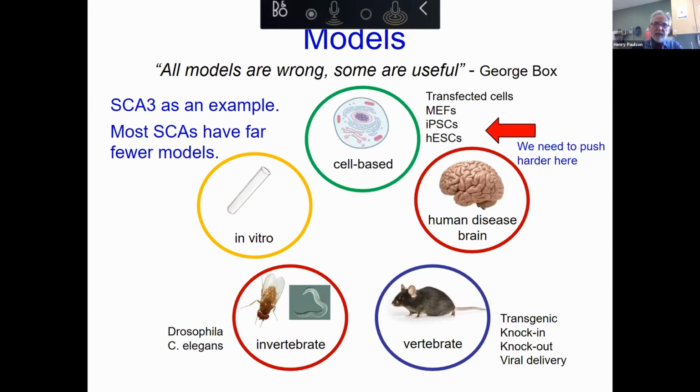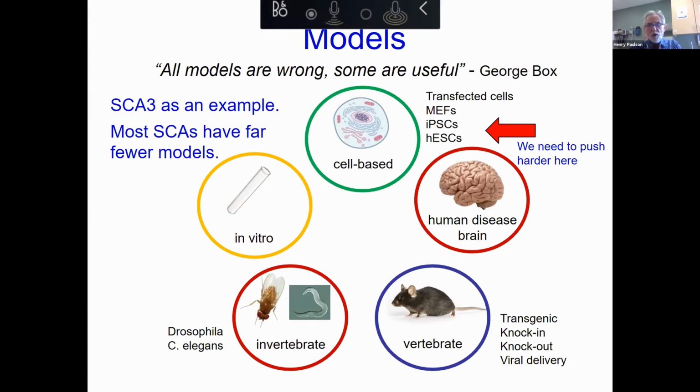I personally think as a field, we need to spend a lot more time right now in an organized way to generate, through genetic engineering, iPSC lines, or even perhaps human embryonic stem cell lines, because we think there are differences between those two, that actually harbor the various mutations so that we can begin to do screening for compounds that might make a difference and explore mechanisms in cell-based models and even human organoids as well.